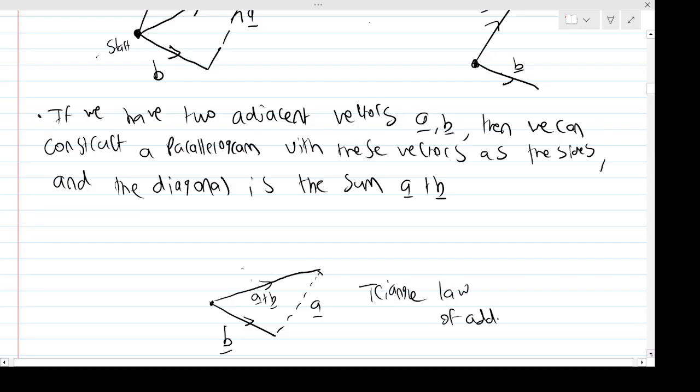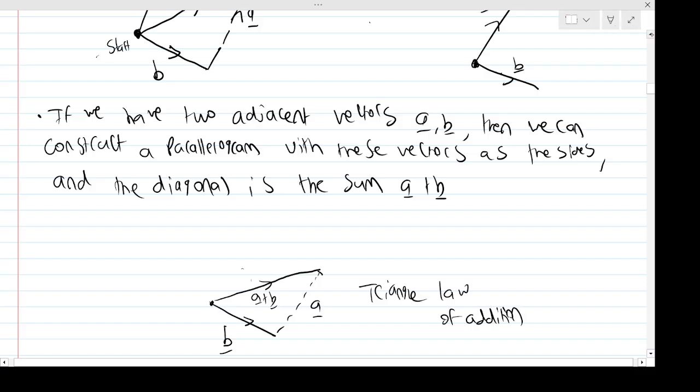So the parallelogram law is basically exploiting the triangle law, but we get a parallelogram. That is the essence of these two laws: they give us different ways of adding two vectors. At the end of the day, this is how we can add two vectors together.